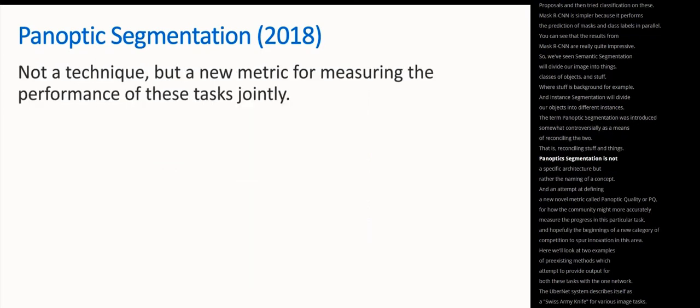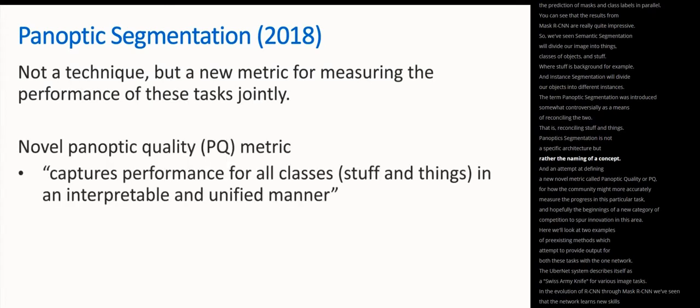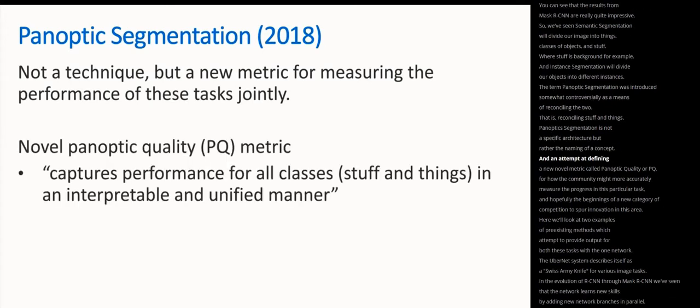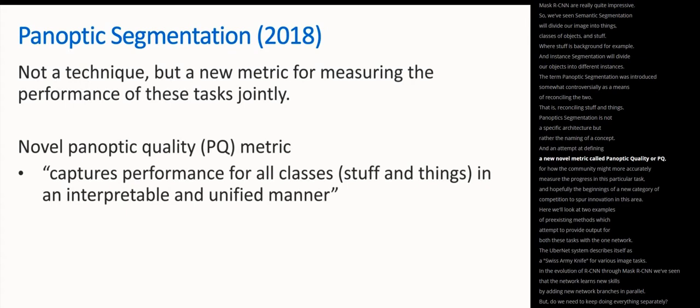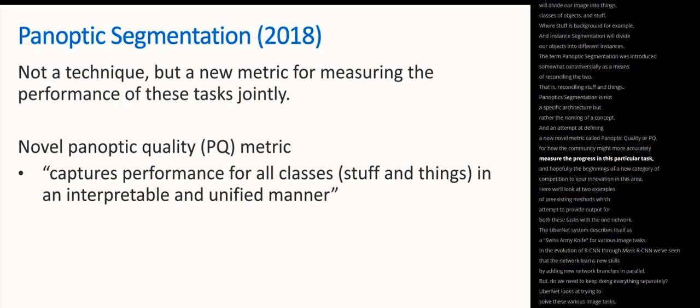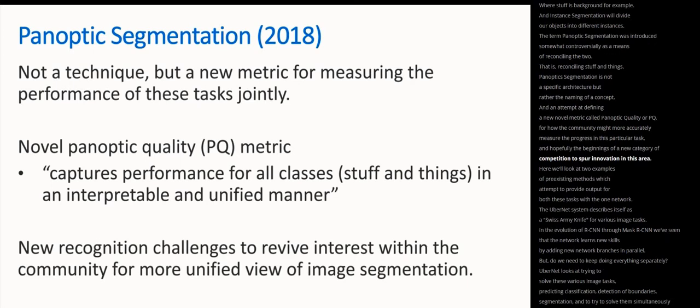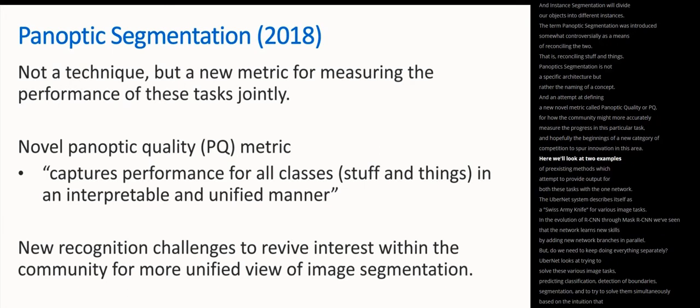Panoptic segmentation is not a specific architecture, but rather the naming of a concept, and an attempt at defining a new novel metric called Panoptic quality, or PQ, for how the community might more accurately measure the progress in this particular task, and hopefully the beginnings of a new category of competition to spur innovation in this area.